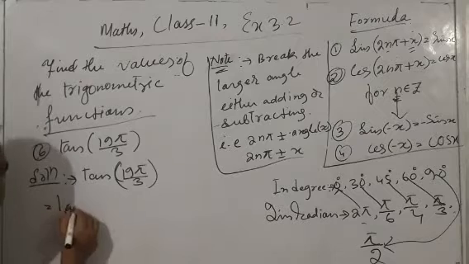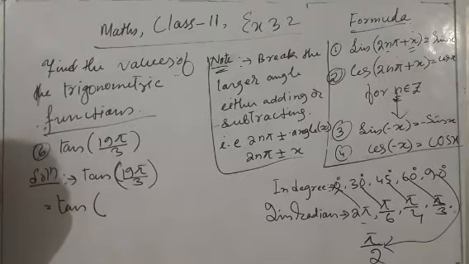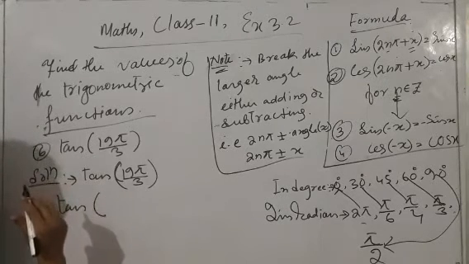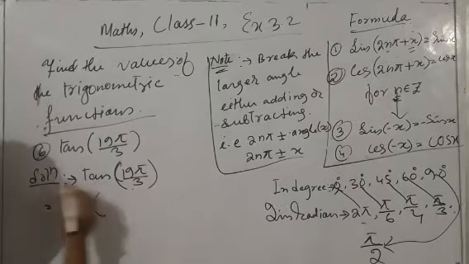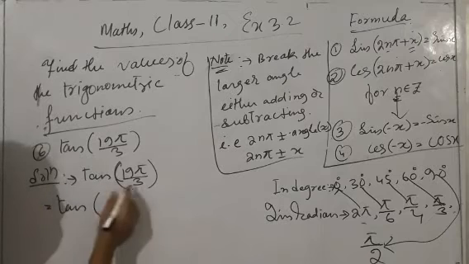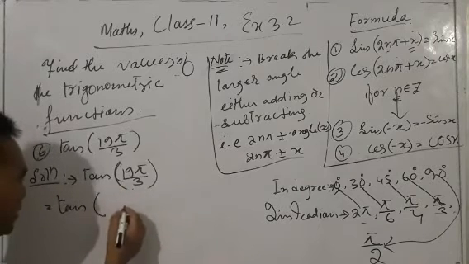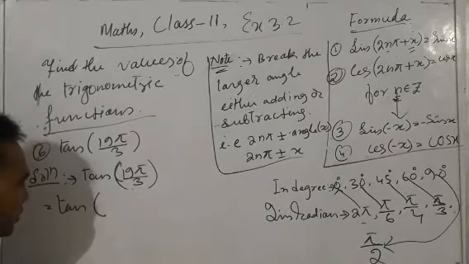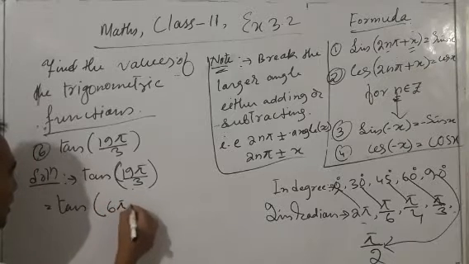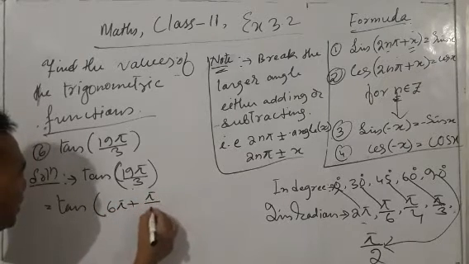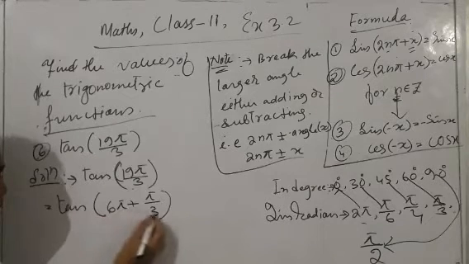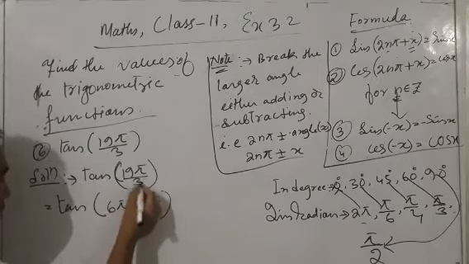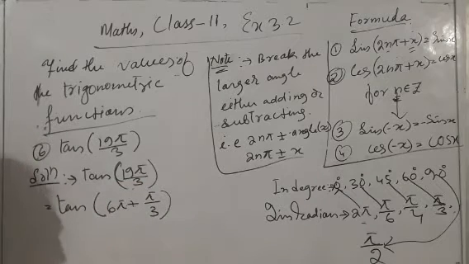We multiply a number with 3. So it will be 6 pi plus pi by 3. Now look at this: 3 sixes are 18 pi plus pi, so 19 pi.